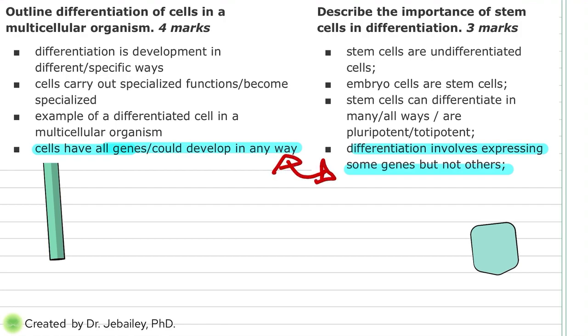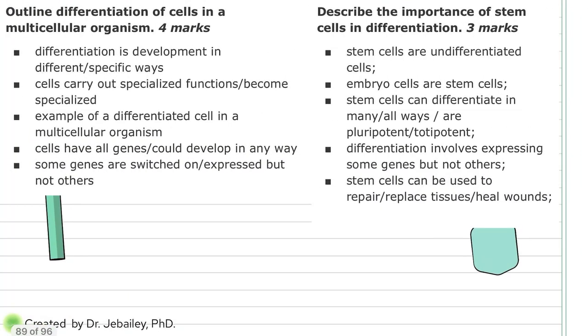That means we have all the genes in every cell. We have exactly the same genes, but how they're differentiated really depends on the location of that cell. And here it says some genes are expressed but others are not. Again, just repeating. Some genes will be expressed because of that location, but if the cell moves to another place, they will be shut down and other genes will be expressed.